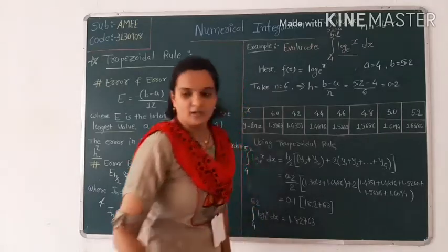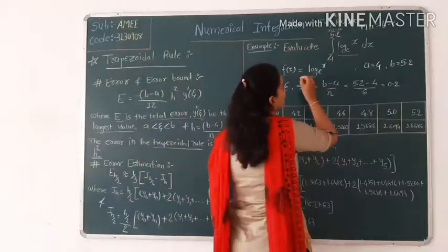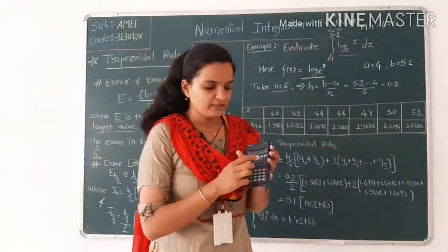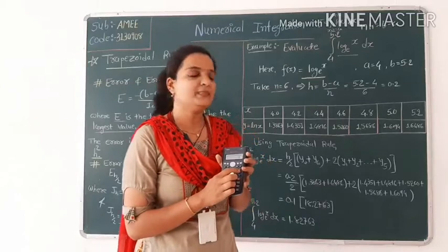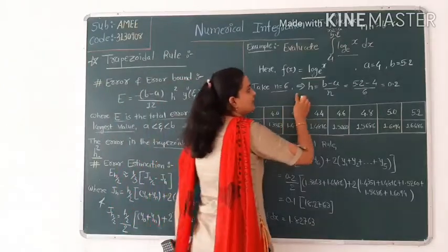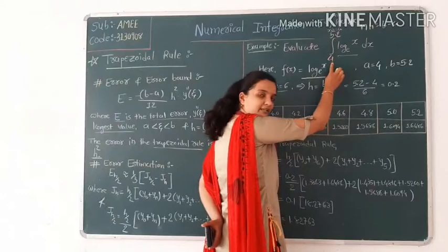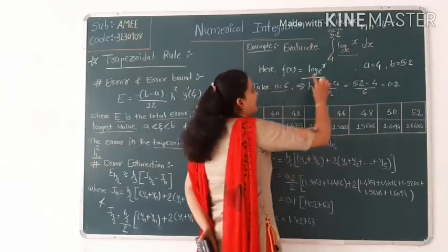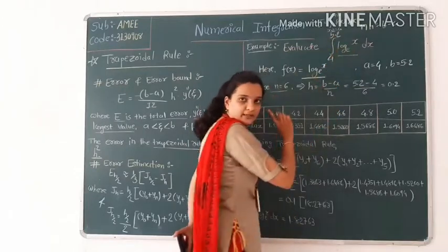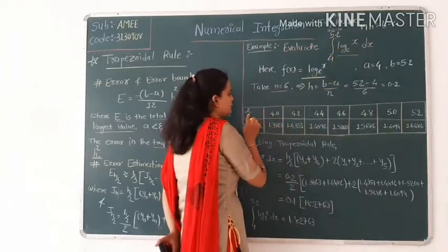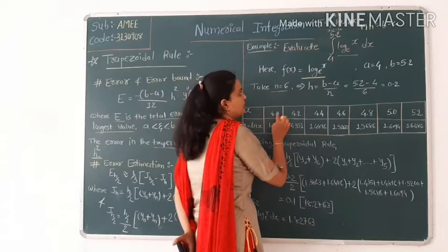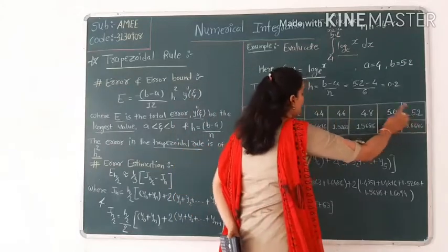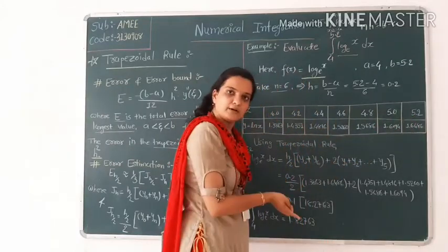Now here log x to the base e is given, so in the calculator we use the key ln x. Now we start from a. The value of a is 4, and adding h we reach the value b. So x equals 4.0, which is a. We start with a and reach b by adding h.